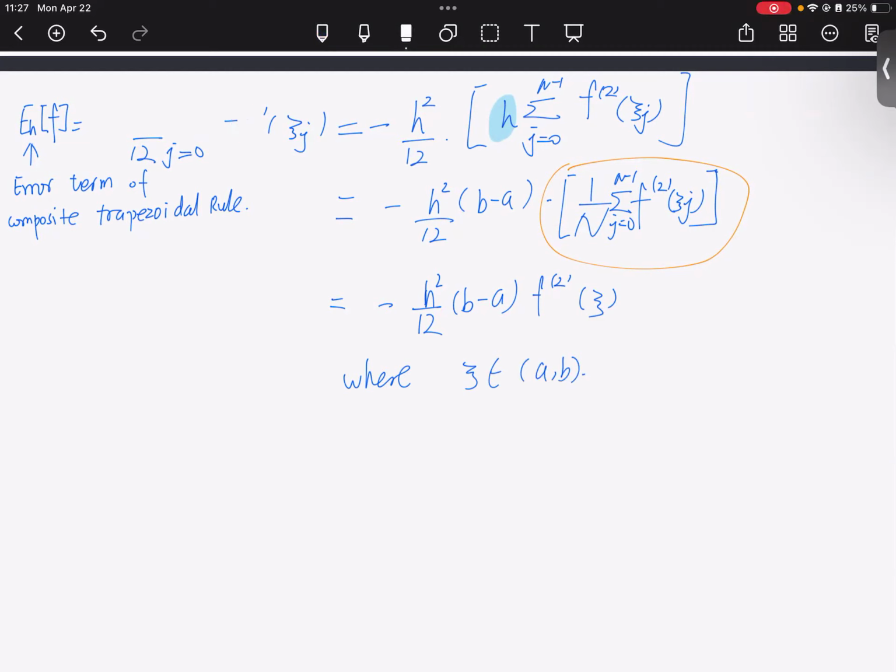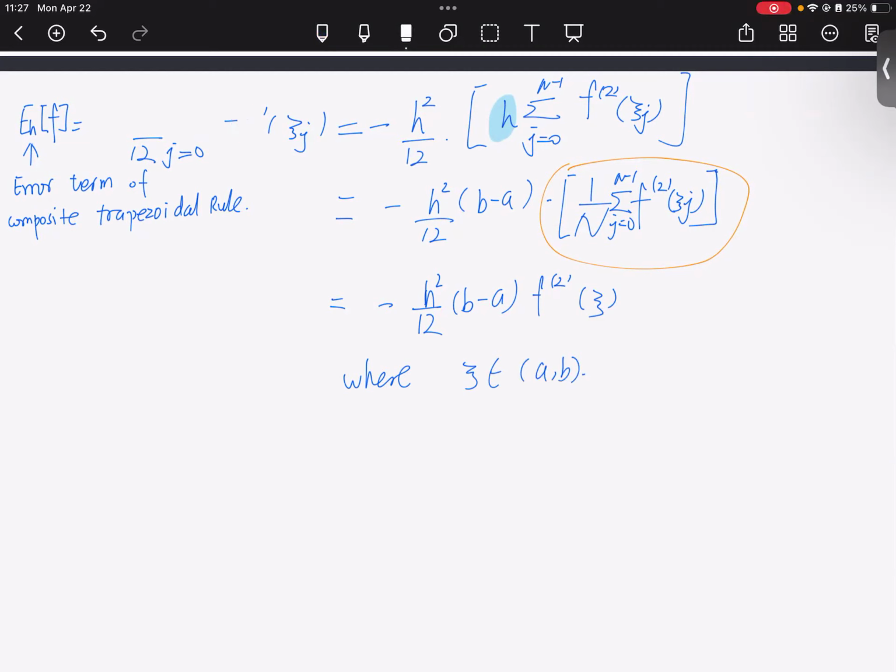And I believe there's one conclusion somewhere. It's here. In the conclusion we have this part as the first part. The first part is the composite trapezoidal rule, and then this part is the error part.